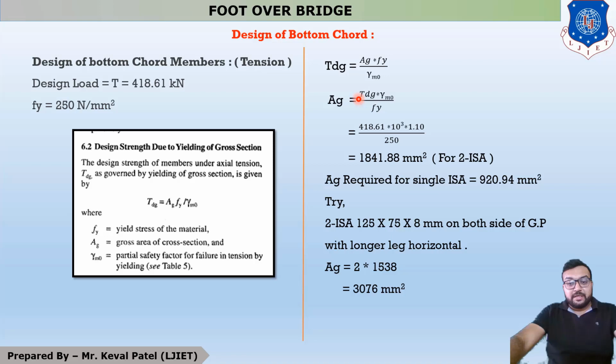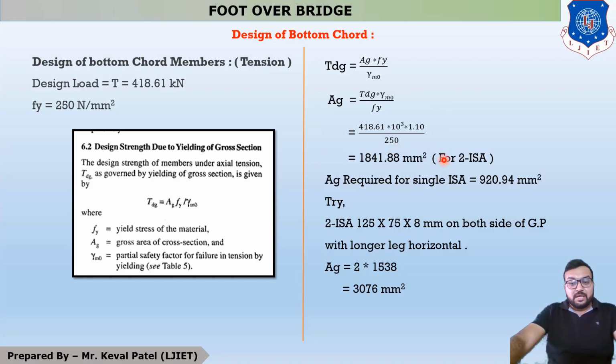Tdg means design tensile load and the value is 418.61 into 10 raised to 3. Gamma m0 is 1.10, and the value of gamma m0 is given on page number 13, divided by Fy. Fy is yield stress and the value of yield stress is given as 250.